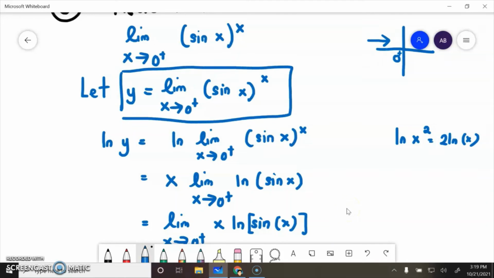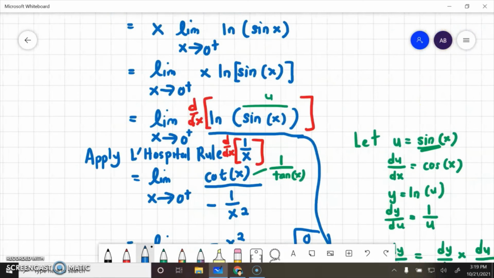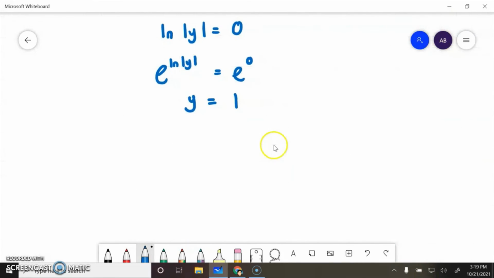Therefore, this limit equals 1. My final solution is very important, so I need to write it properly. Therefore, the limit as x approaches 0 from the right of sine x to the power of x equals 1. This is my final solution.